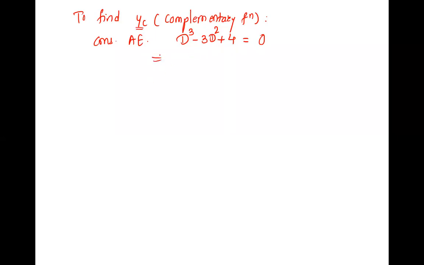Means we have to find what next? Phi dy equal to 0 type. We have written the auxiliary equation. What is the next step? To find the particular integral? No. We need yc. Roots. Yes, very good. Roots.